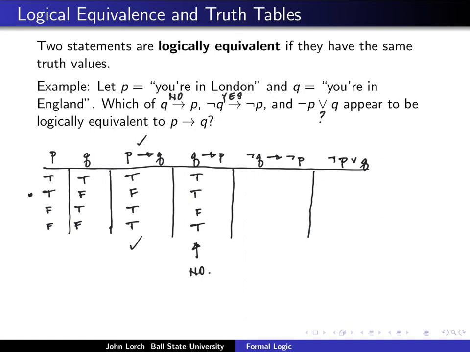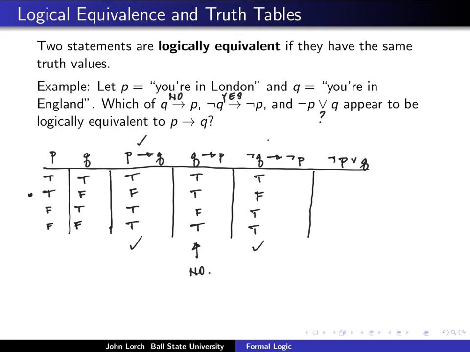Not Q would be true, not P would be false. And so the conditional statement in total is false, and everywhere else it's true. So now we compare that column with the conditional statement if P then Q, and we see that the truth values match up exactly. And so that statement is logically equivalent to if P then Q.